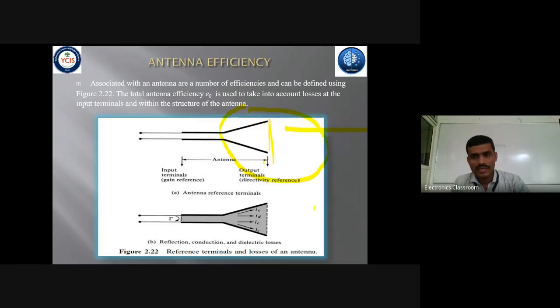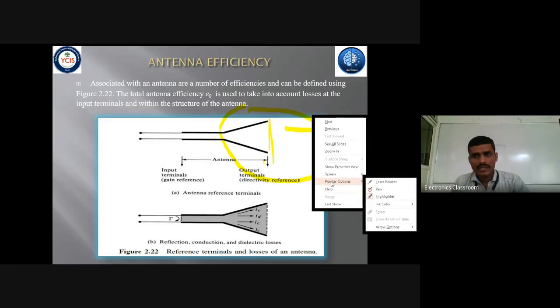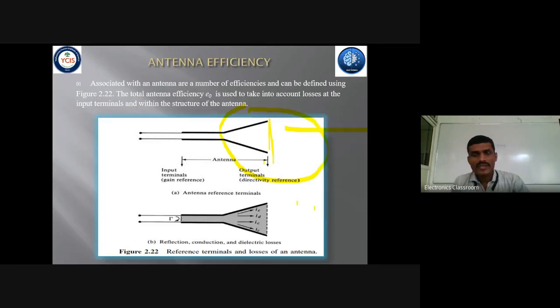But in efficiency, we consider every loss in the antenna. That means the antenna radiates some energy, the antenna reflects some energy, the antenna conducts or consumes some energy by that particular metal rods or dielectric losses.